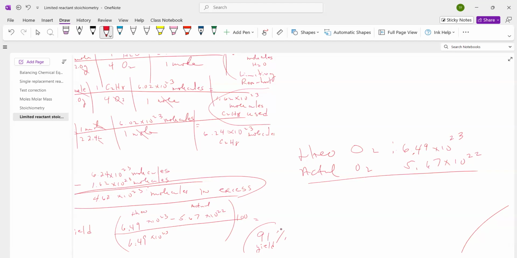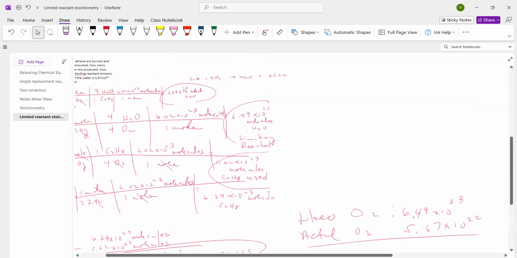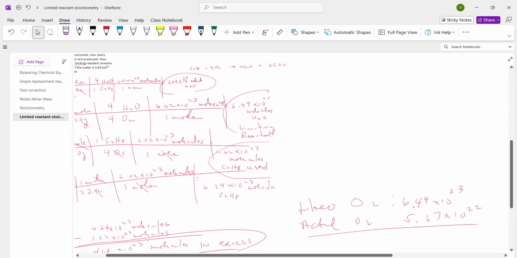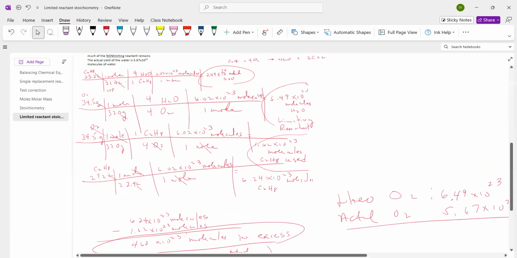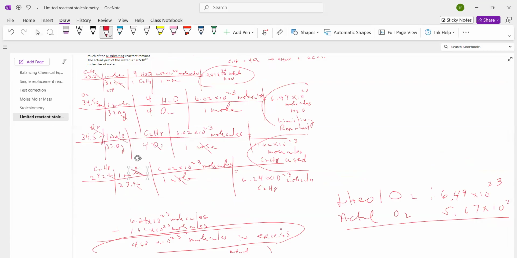Molecules rather than grams, yeah. So the problem is asking for how many molecules of water is used, on the yield. Because those numbers are the H2Os.